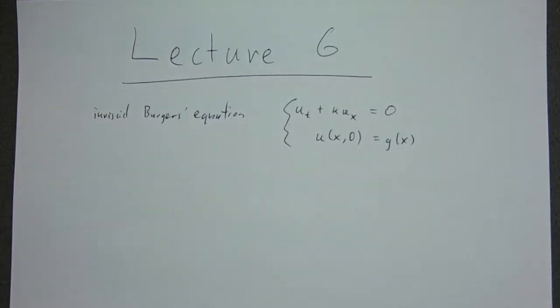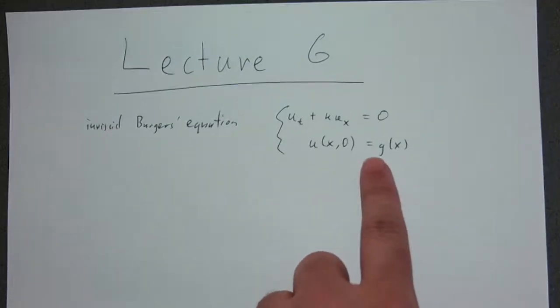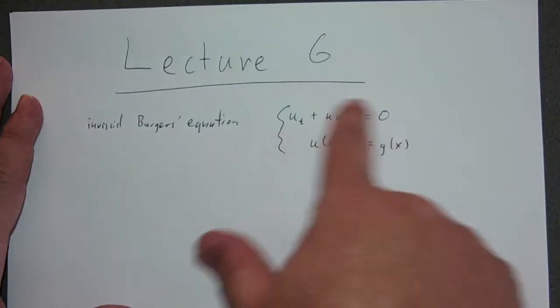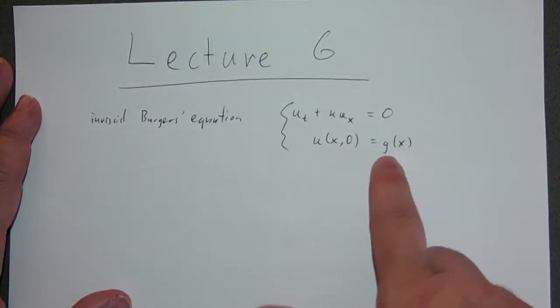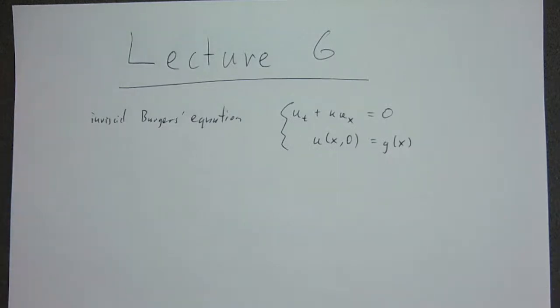We saw that, unlike in the previous examples, trying to go through this in our usual way via characteristics, rather than the structure of the PDE alone determining the structure of the characteristics, it actually depended on this auxiliary condition g.